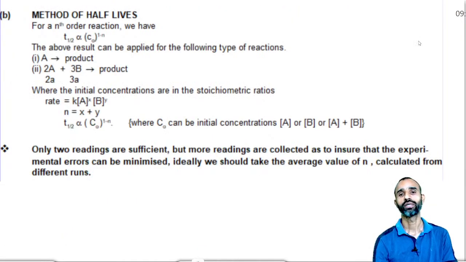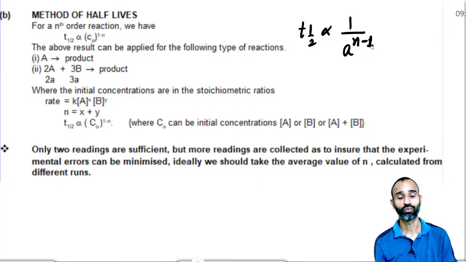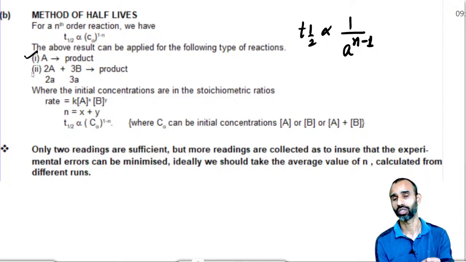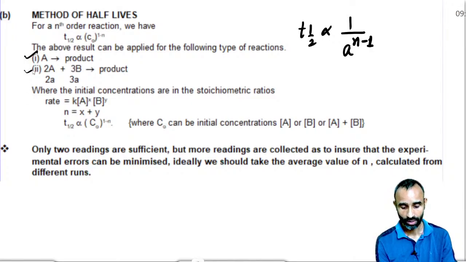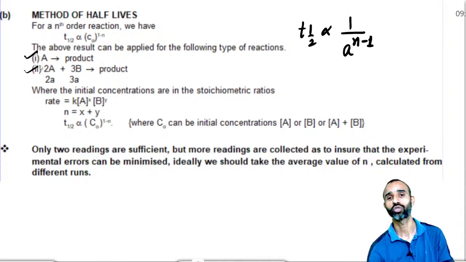Second is the half-life method. You know that half-life and initial concentration have an inverse relation, [A] raised to power n minus 1. This half-life method can be applied for reactions if there is one reactant only, A, giving products, or if there are different reactants, then their concentrations should be in the stoichiometric ratio.